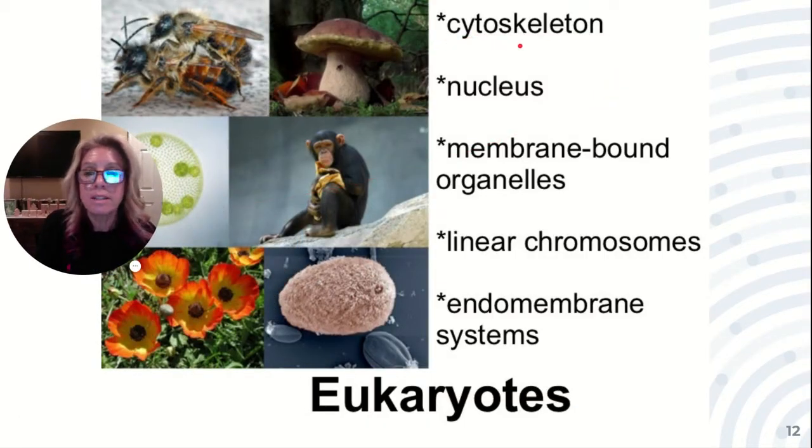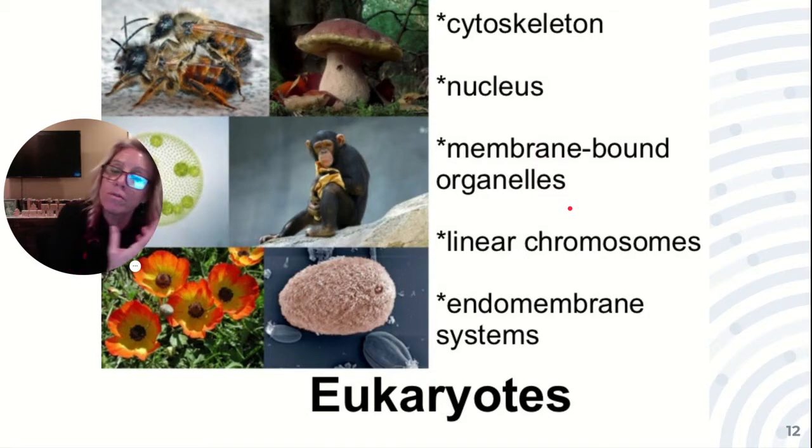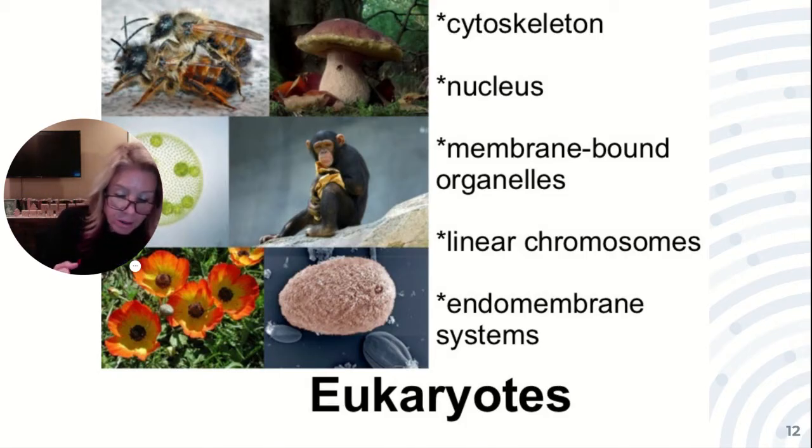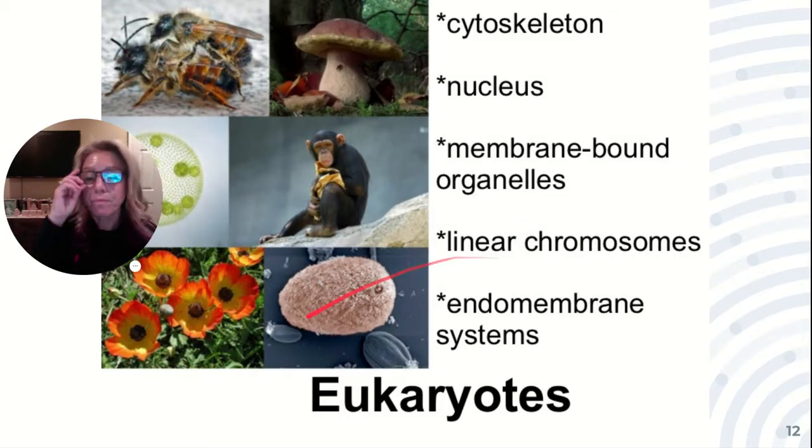The cytoskeleton, the nucleus, membrane-bound organelles, linear chromosomes, our endomembrane system. That's a universalness of all eukaryotes. So in eukaryotes, conserved core elements provide evidence for evolution: the presence of a cytoskeleton, a nucleus, membrane-bound organelles, linear chromosomes, and the endomembrane system.